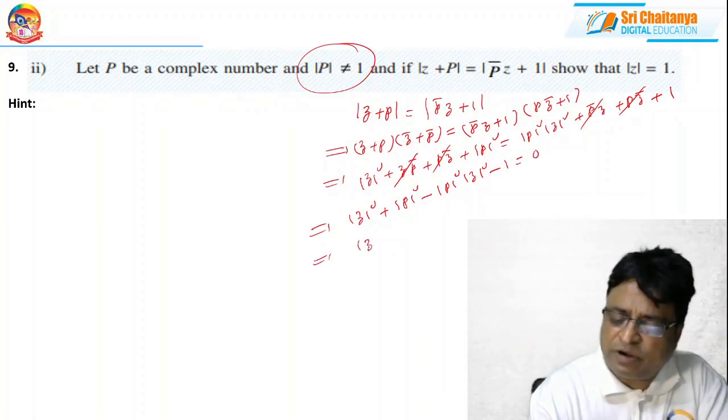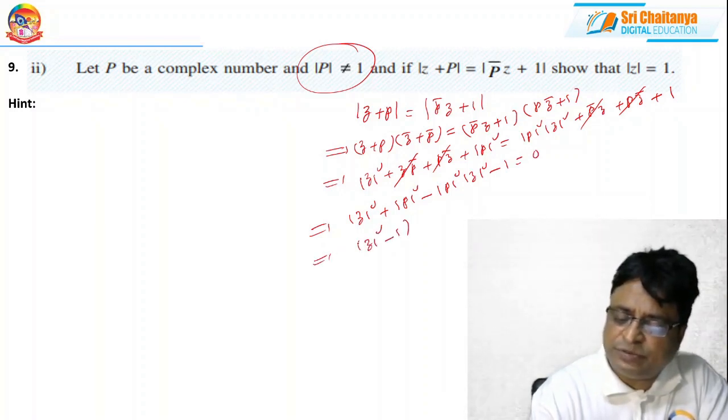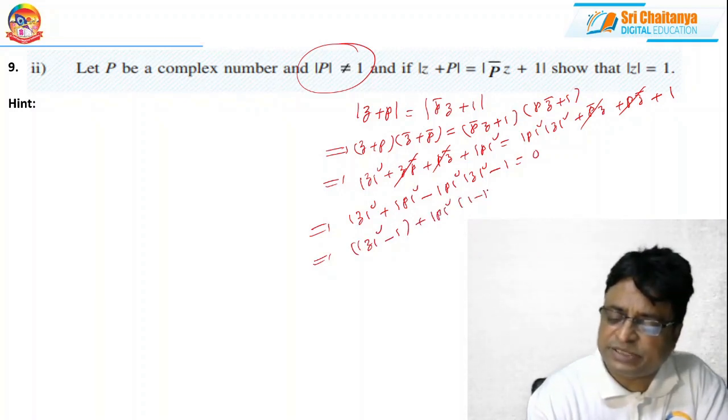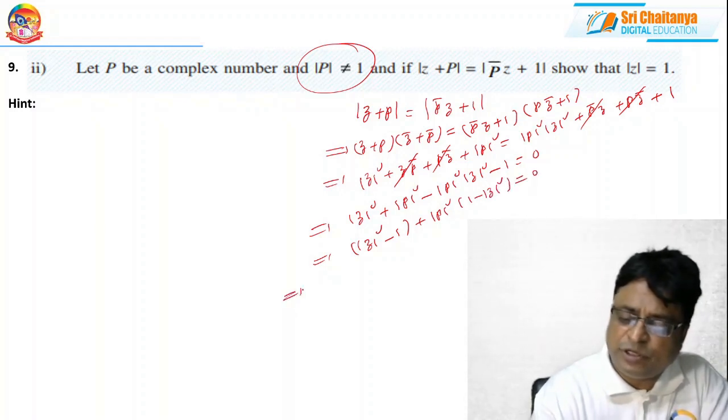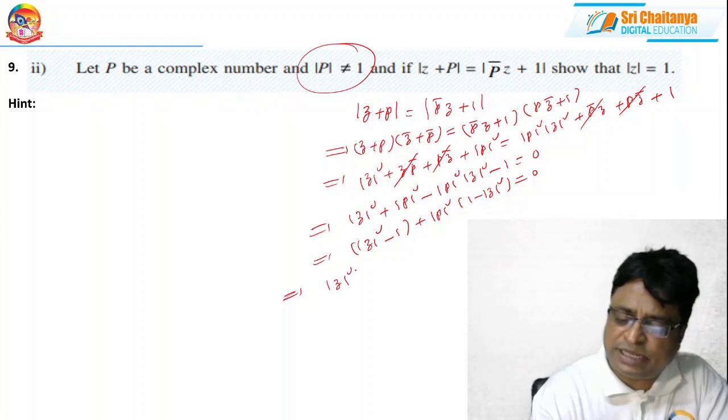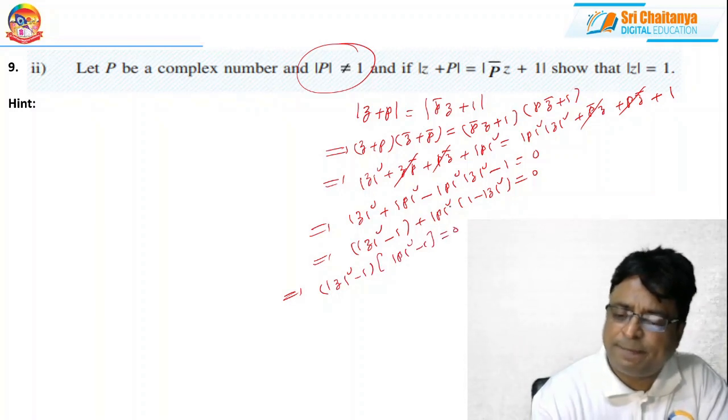So I can write mod z square minus 1 into, taking mod p square as common, 1 minus mod z square equal to 0. You take mod z square minus 1 common. So this is mod p square minus 1 equal to 0. But what is given?